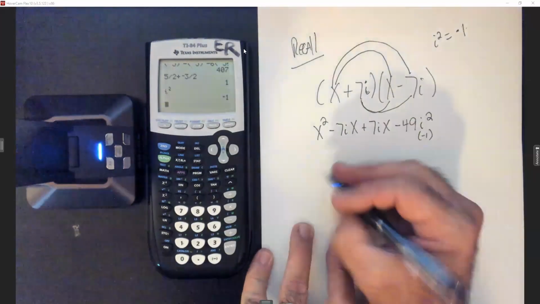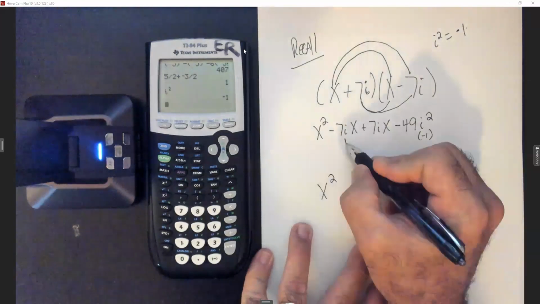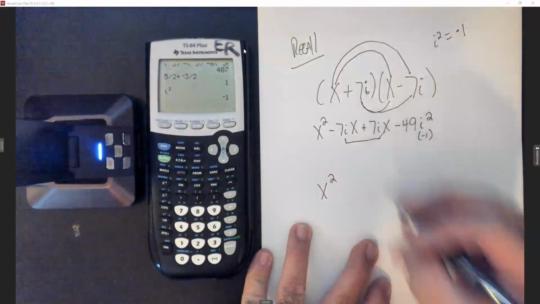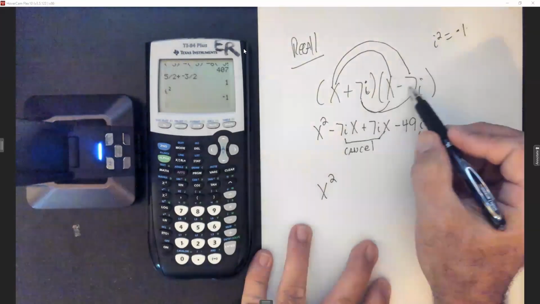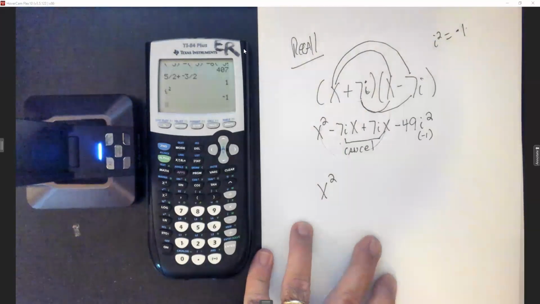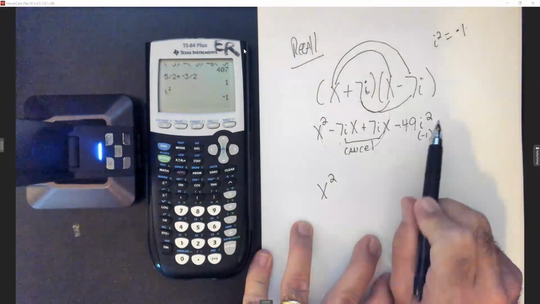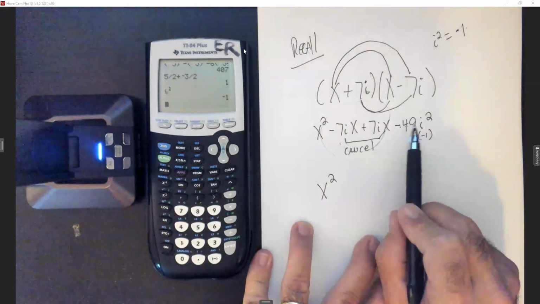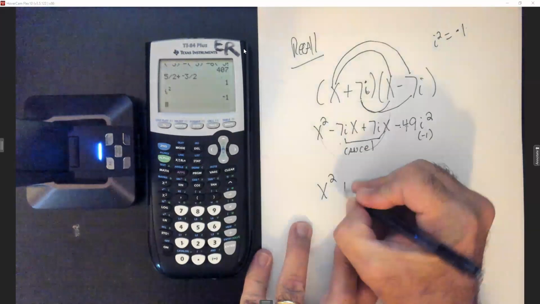This x squared will come down. Here, -7ix and a positive 7ix, they cancel. Conjugate pairs always, 100% of the time, cancel the middle two terms. Now, this was a -49i squared, but if I change the i squared to a -1, I now have a -49 times a -1, which will give me a positive 49.